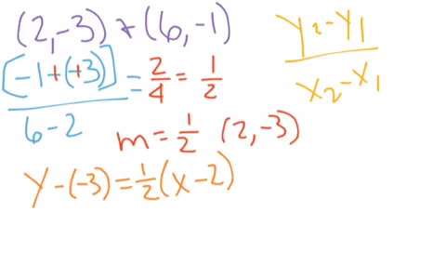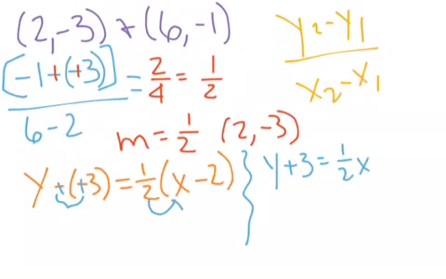Okay? So first things first, this double negative right here is going to be a positive. Let's distribute that 1/2 out. So it's going to be y plus 3 equals 1/2 x minus 1. All we're doing is distributing here, so 1/2 times a negative 2 is going to be negative 1.